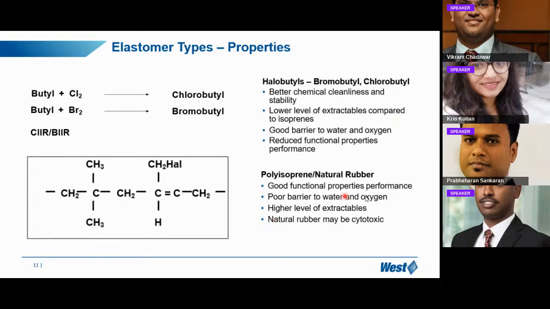In case of IR rubber or NR rubber, which is polyisoprene rubber or natural rubber, it was used in earlier days, but now it has shown various cytotoxic effects, especially natural rubber. So that is the reason the industry has stopped using any natural rubbers for injectables.